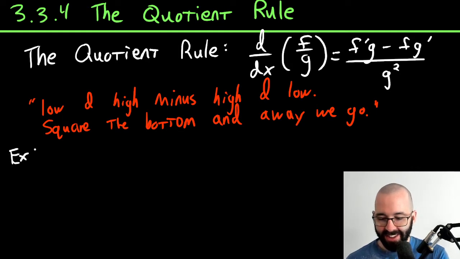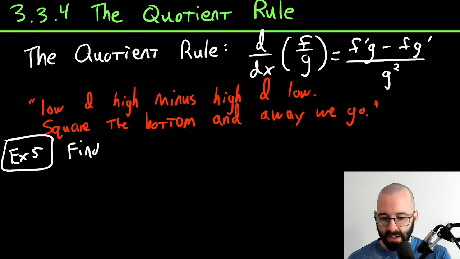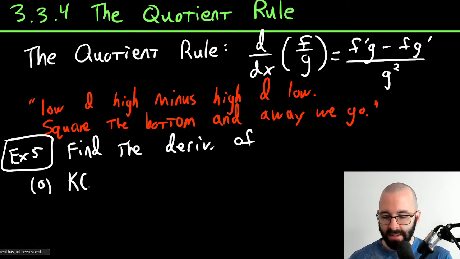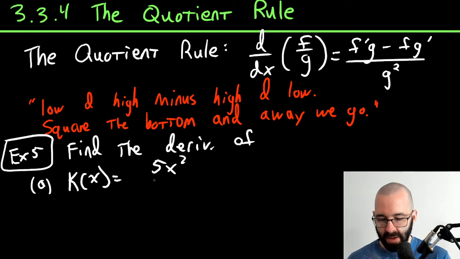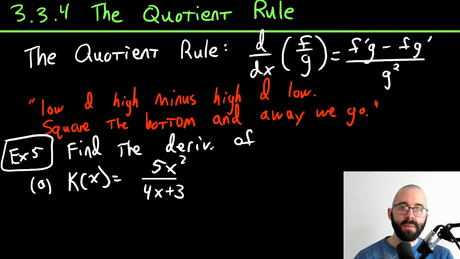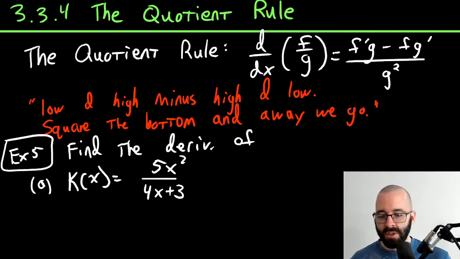Do example 5. Find the derivative of the following. Part A is going to be k of x equals 5x squared divided by 4x plus 3. A lot of times it's really helpful to just go off to the side and write your f and g.